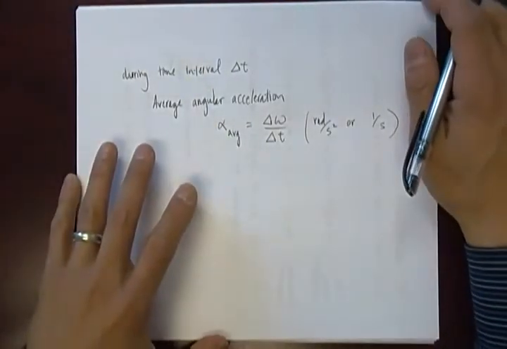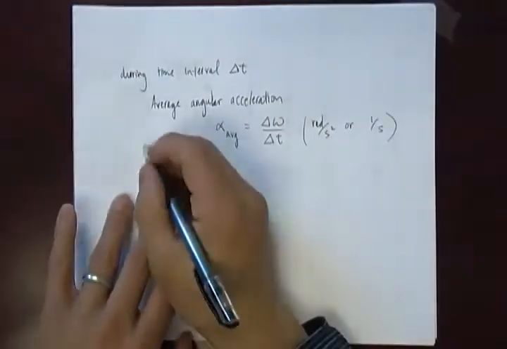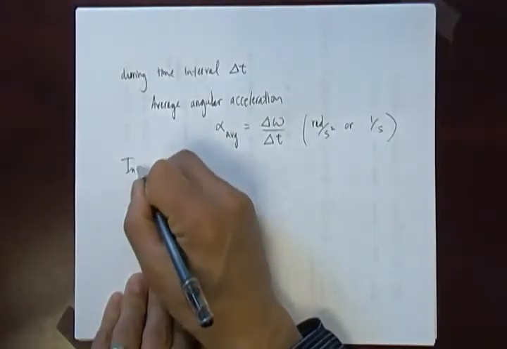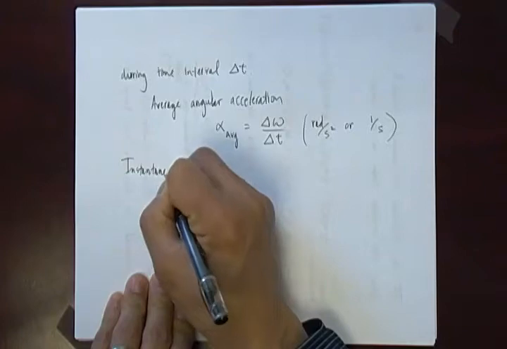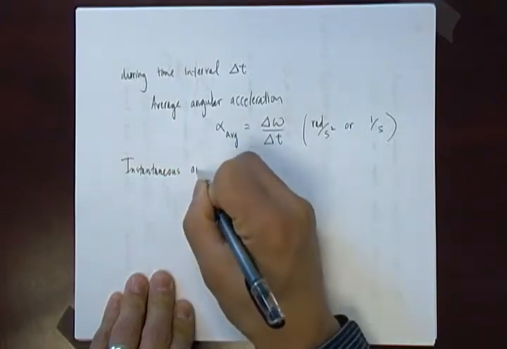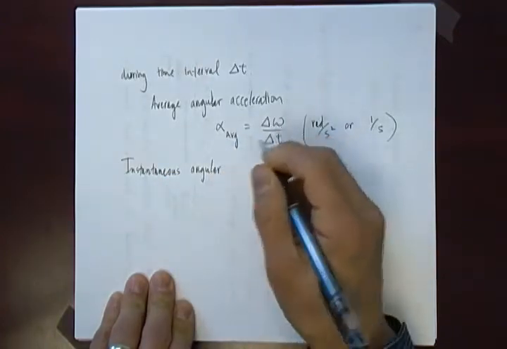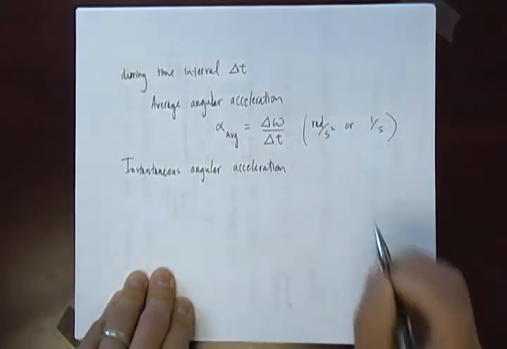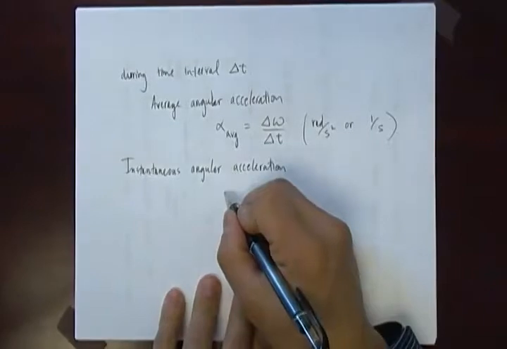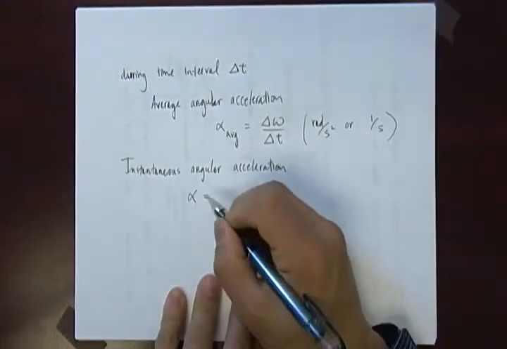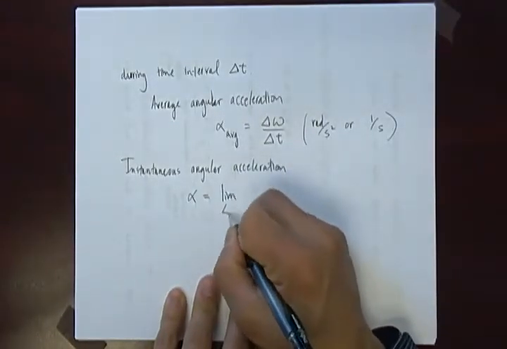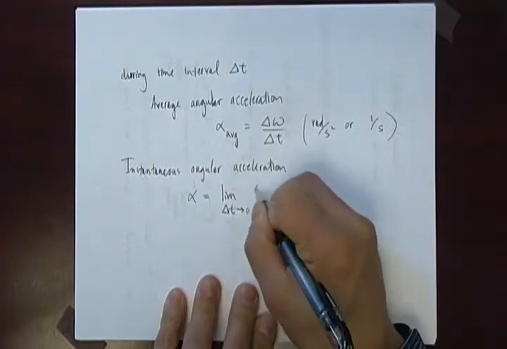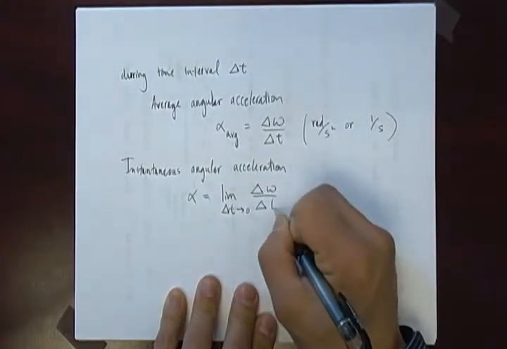Alright. Now, we can also talk about the instantaneous angular acceleration. I have to stress angular, instantaneous angular acceleration. And this will be the limit as delta t goes to 0 of delta omega over delta t.